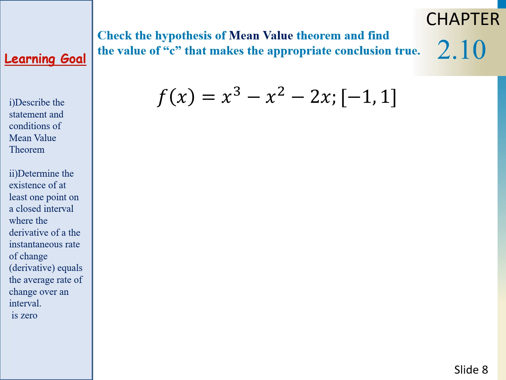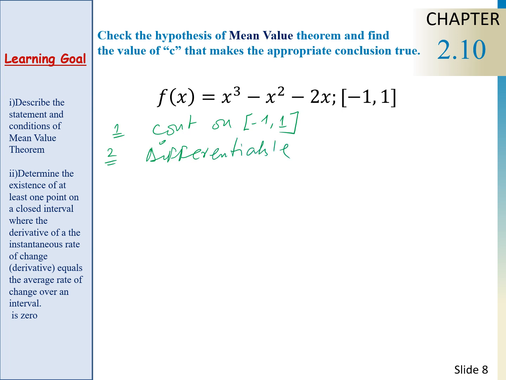Next question. Check the hypothesis of the mean value theorem. So we know that it's a polynomial function. It is continuous everywhere. So you can say continuous in the closed interval -1 till 1. Second thing, you have to see that this should be differentiable, so let's take the derivative.